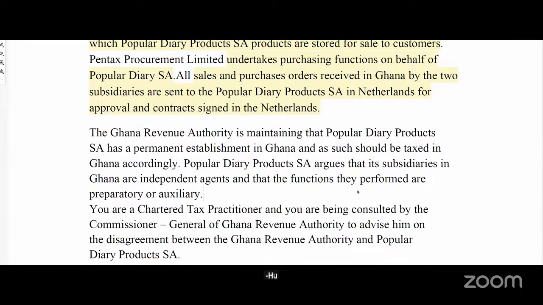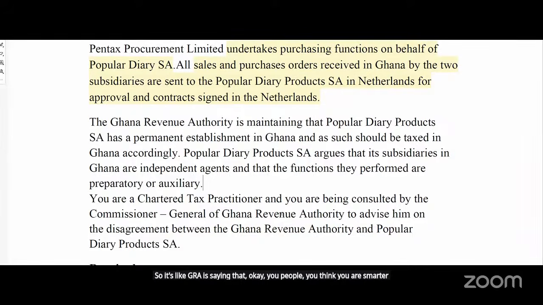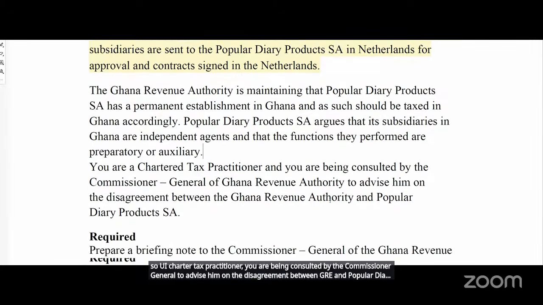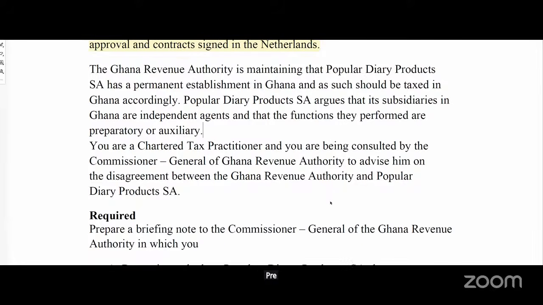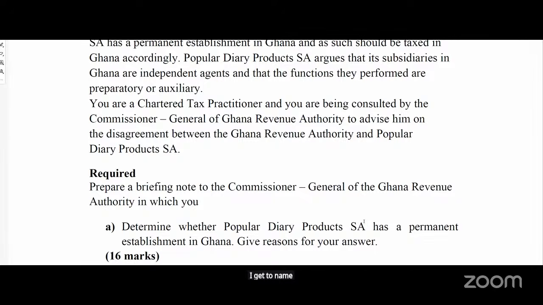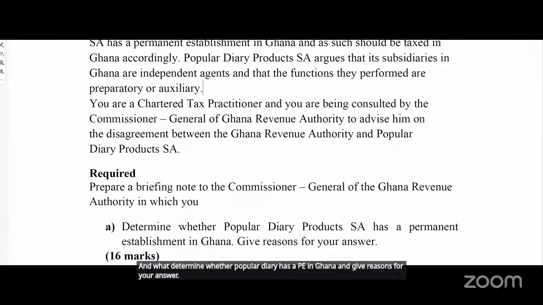So it's like GRA is saying, okay, you people, you think you are smart? So you are a chartered tax practitioner and you are being consulted by the Commissioner General to advise him on the disagreement between GRA and Popular Diary SA. Prepare a briefing note to the Commissioner. Determine whether Popular Diary SA has a PE in Ghana and give reasons for your answer. So my question is, does Popular Diary SA have a PE in Ghana?